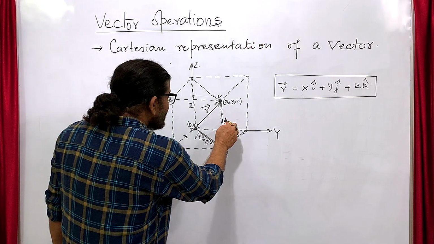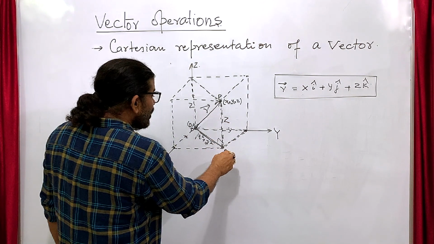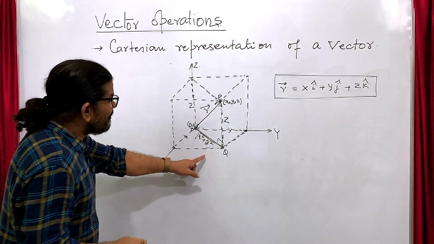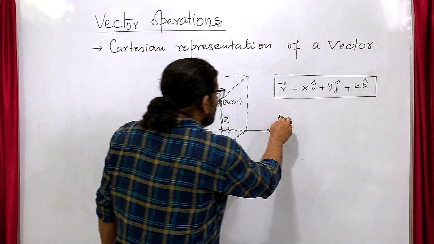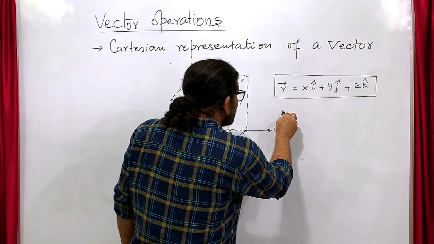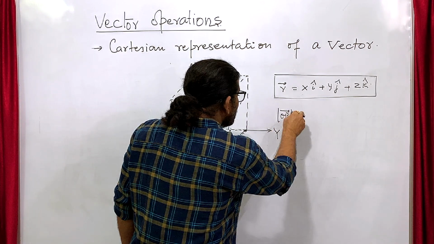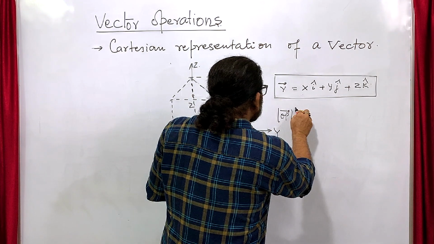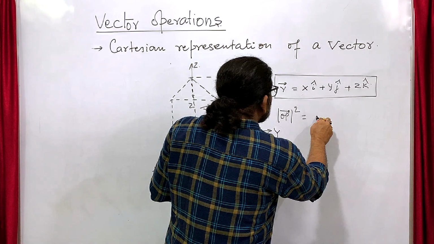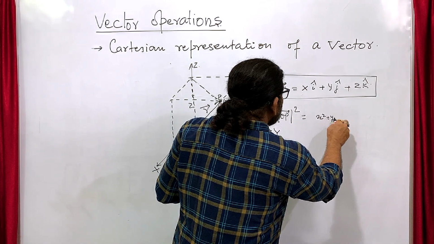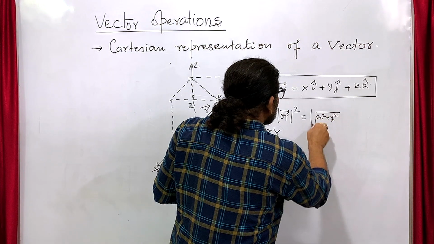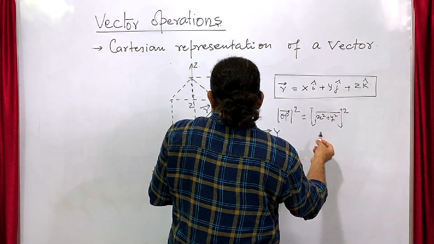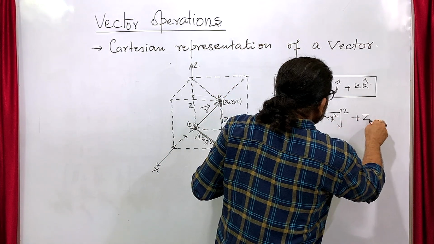Therefore, if QP is the z vector, then the magnitude of the OP vector squared will be equal to the square root of x square plus y square, whole square, plus z square.